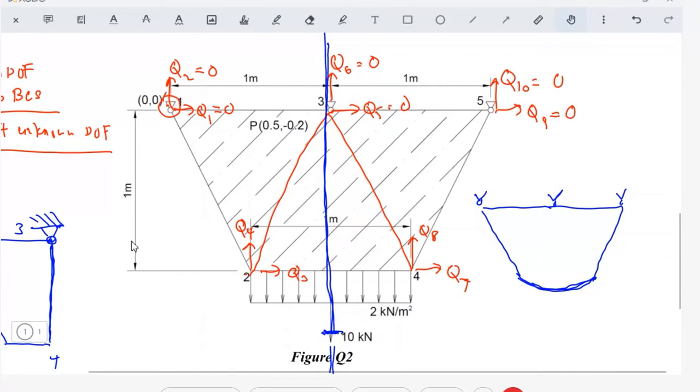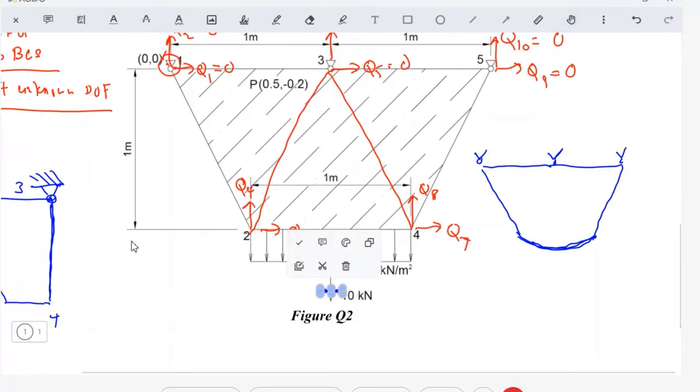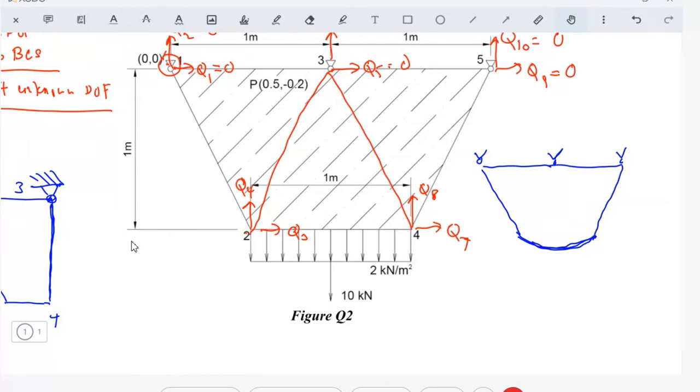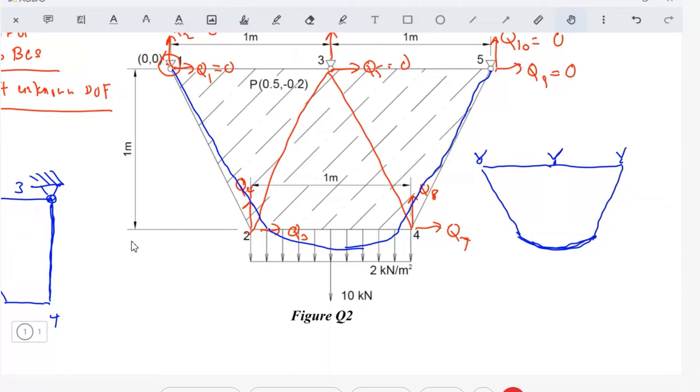So we see that it will become slightly thinner, and then it will look something like this. You can do this using ANSYS and you can see the shape. And note that again, the deformation will be symmetrical.